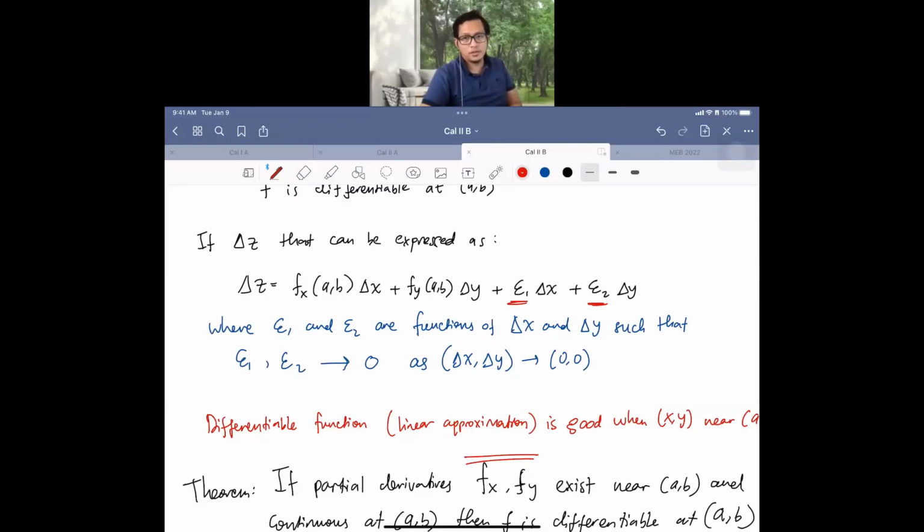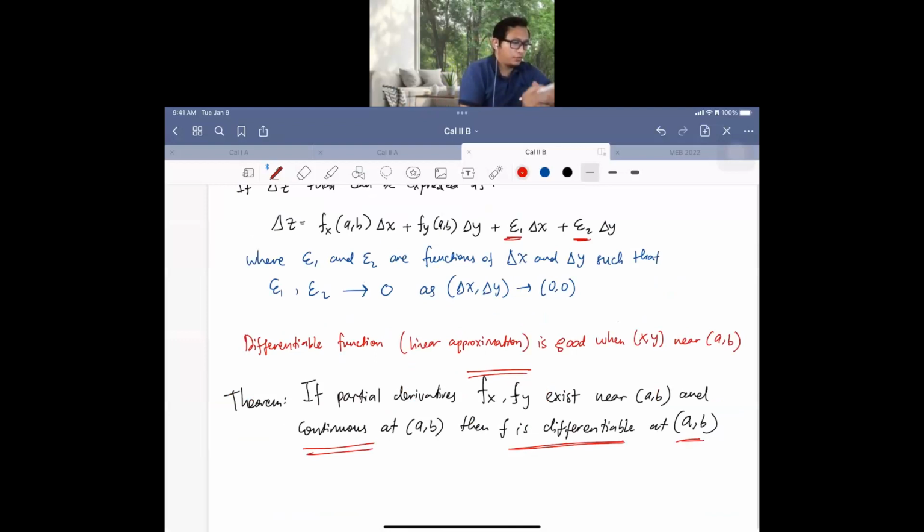But still we need to write this in terms of differentials.